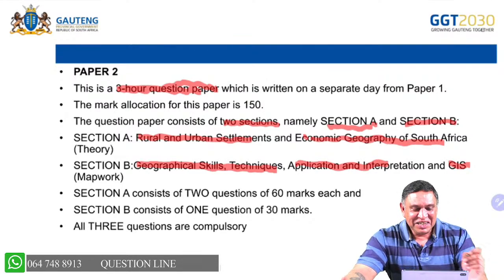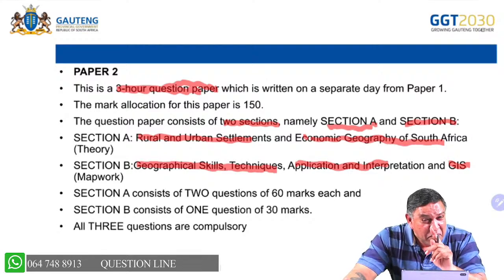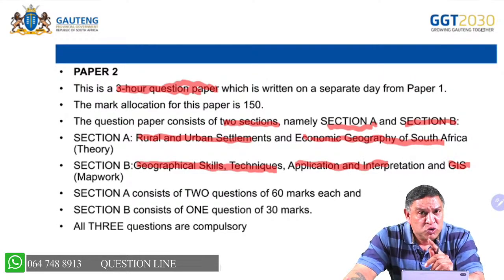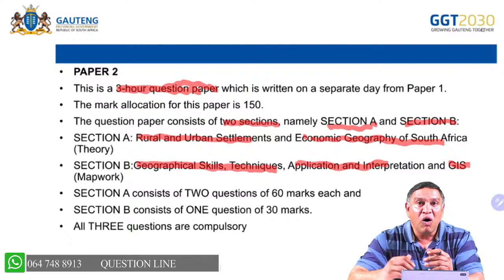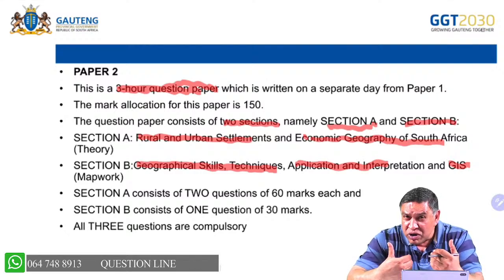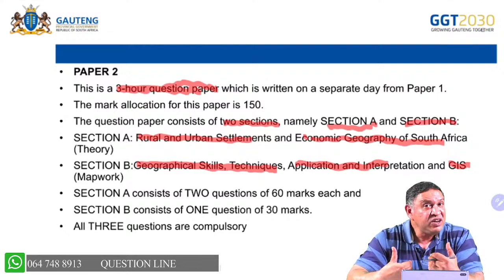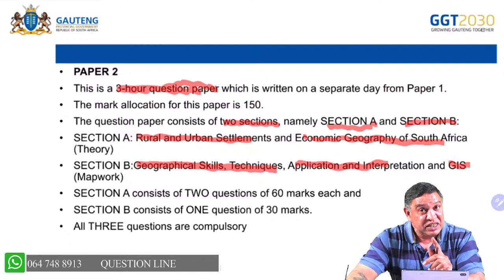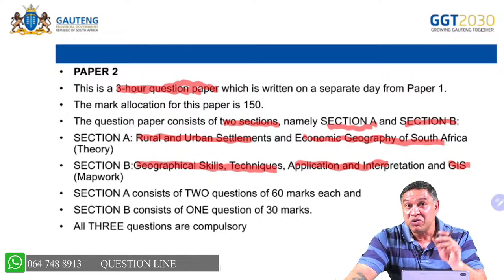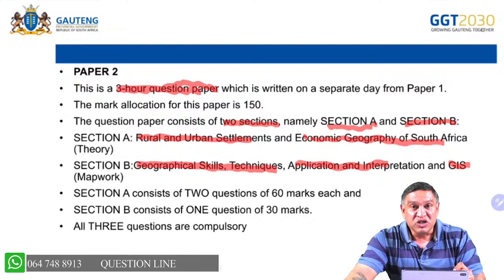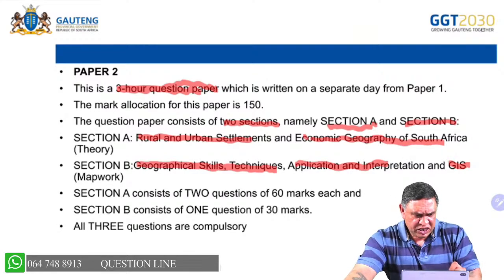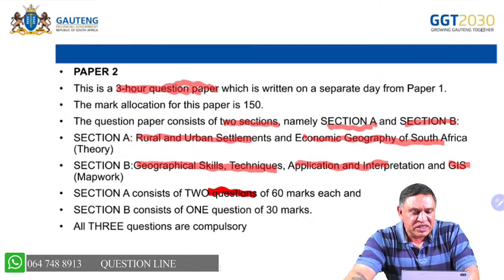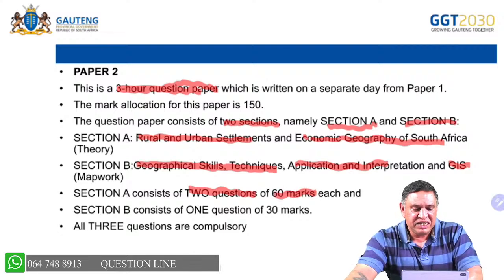All right? Now, remember, in that map work, there is going to be an integration of your rural and urban settlements and your economic geography of South Africa. So practicing that is also important to see how you can relate those sections to the map. Now, Section A has 2 questions, 60 marks each.